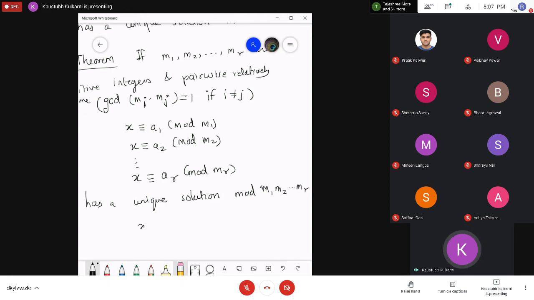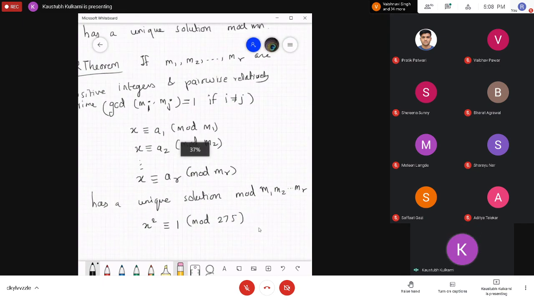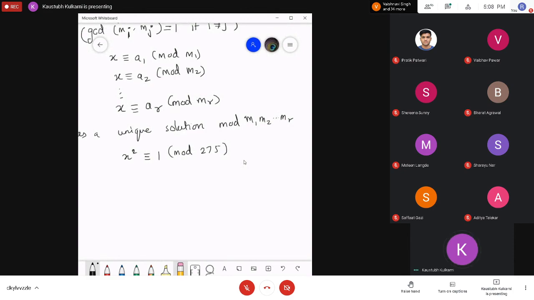But for example, if you have an equivalence that x is congruent to 1 mod 275, it is the same as saying x is congruent to 1 mod 25 and x is congruent to 1 mod 11, which are the factors of 275.